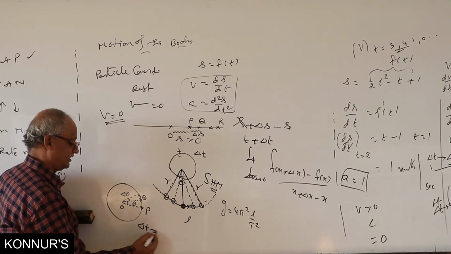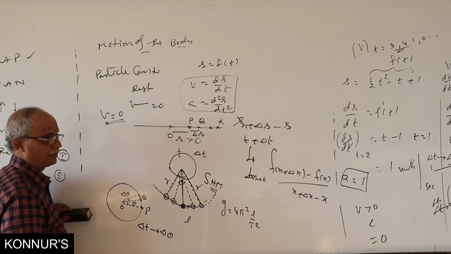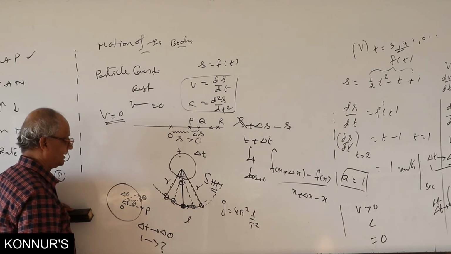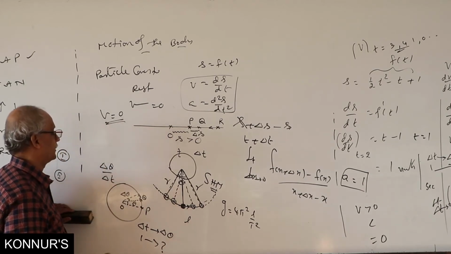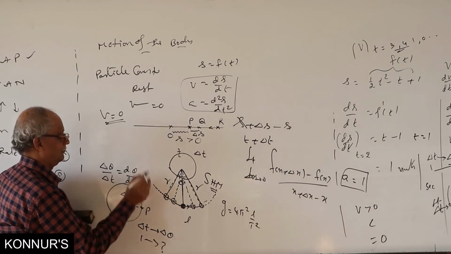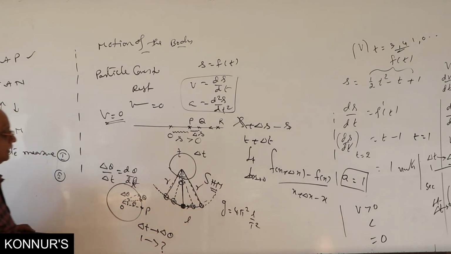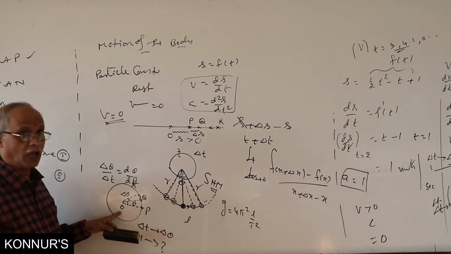So in delta t seconds, delta theta is the difference of angles, the change in the angle per one unit. Same story: delta theta by delta t, d theta by dt. Since it is also velocity but it is circular, that is why it is called angular velocity.